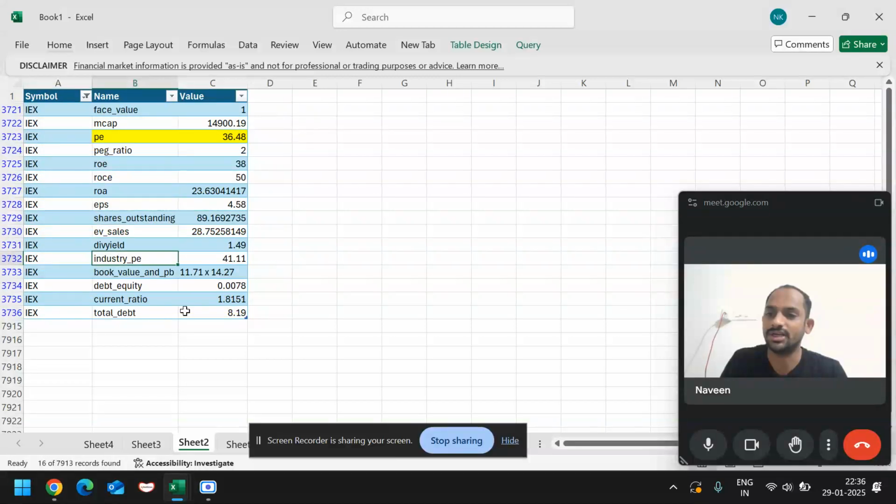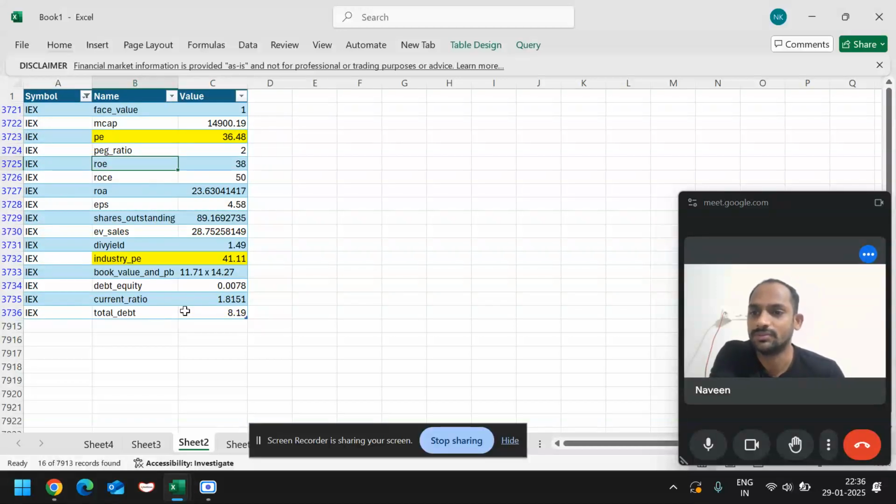You have to compare the current PE with the industry PE. The current PE is 36.48, but the industry PE is 41.41. So it is fairly under the industry PE, which we can interpret as having further potential to grow to beat the industry PE. It is fairly undervalued, we can say.